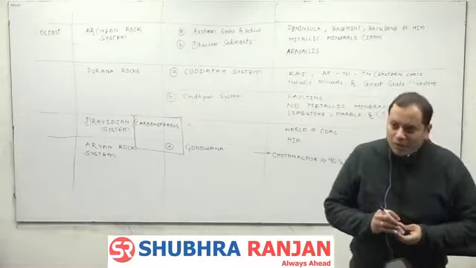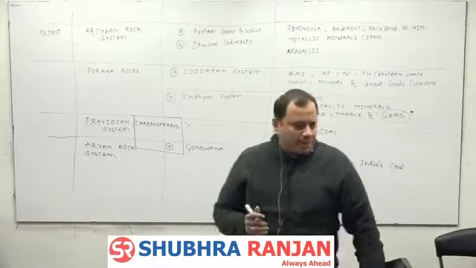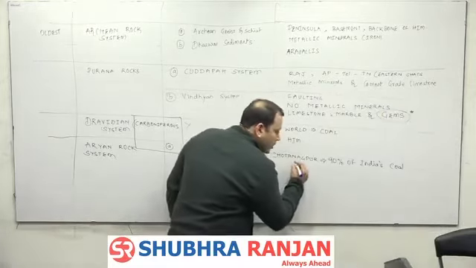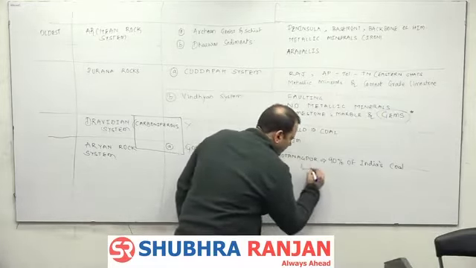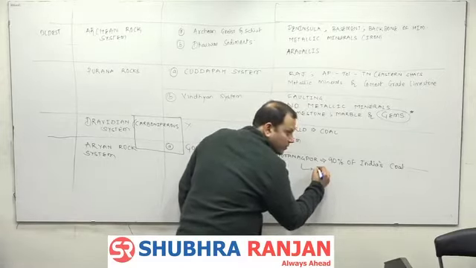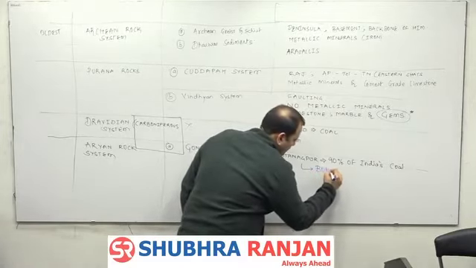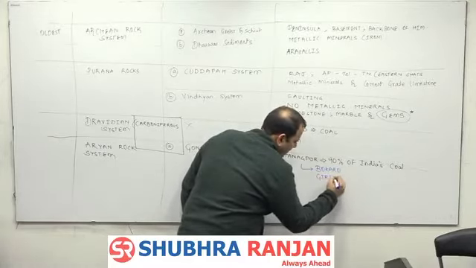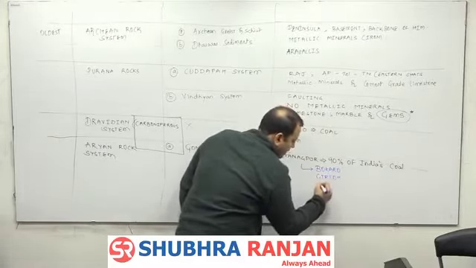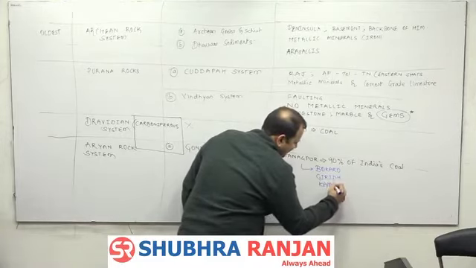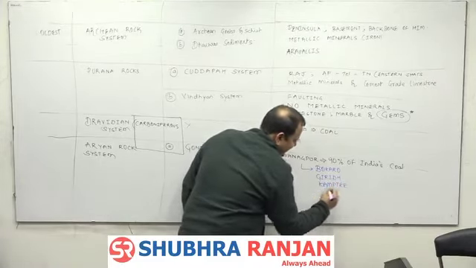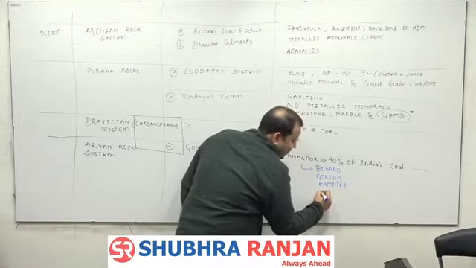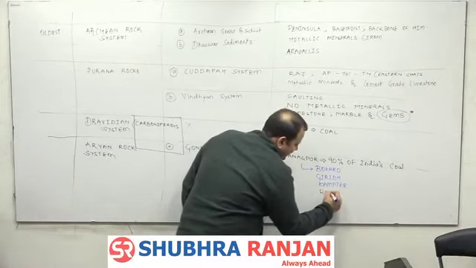So what are the important coal fields in India? Bokaro, Girit, Kamti, Raniganj.